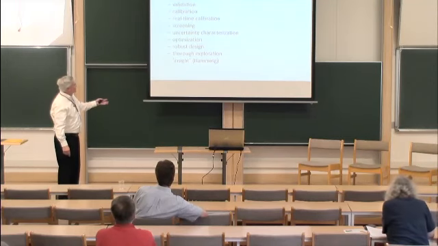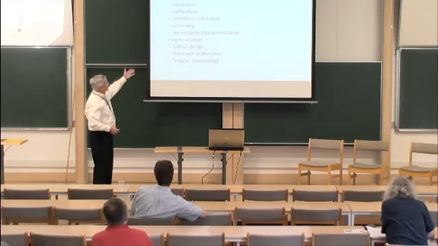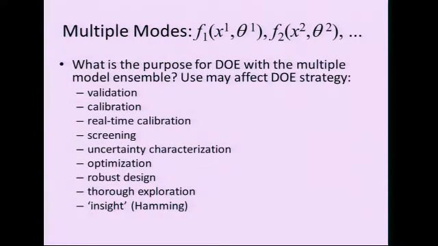So this is the list of things that I saw today, and certainly going through the last talk today, which talked about thorough exploration, and these really, in my mind at least, everything that's up there is a different use. Sun talked about real-time calibration, for example, in changing the way the model's predicting the future based on what is happening right now in reality.